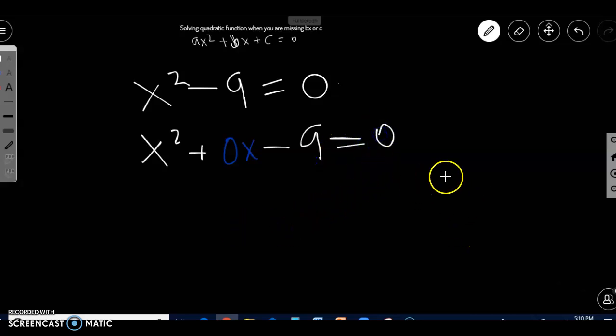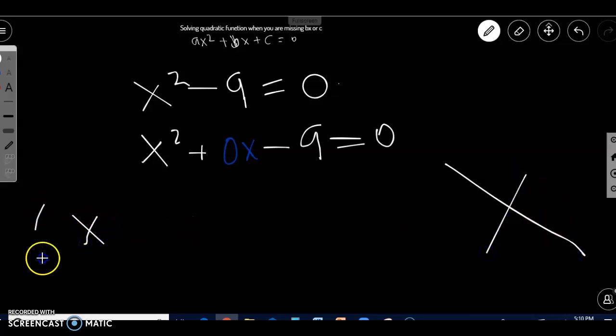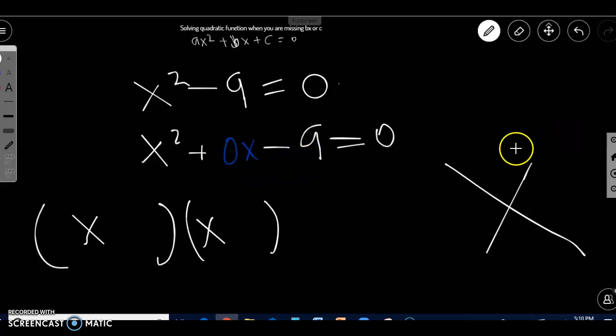As we always do, we split our x times x to give us x squared. We are looking for the two factors that we don't know, so we are using our crisscross method. We put our c, which is -9, and when we multiply, we're supposed to get -9, and when we add, we're supposed to get 0.